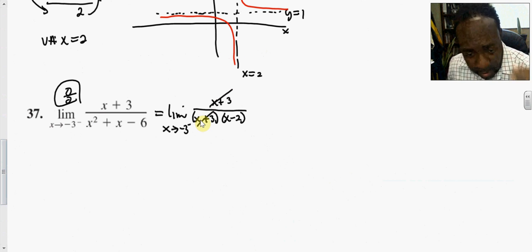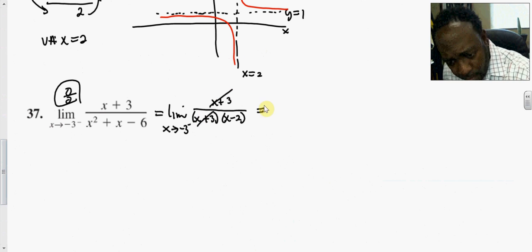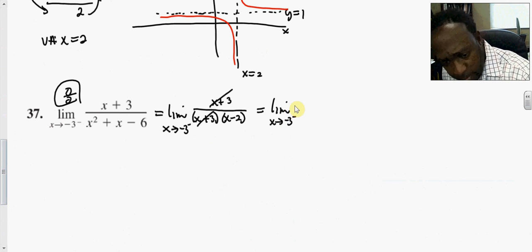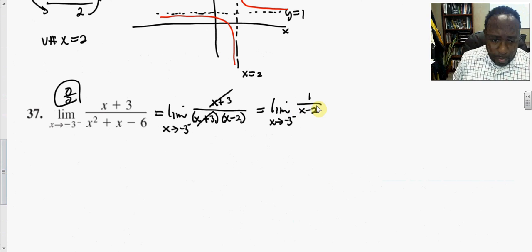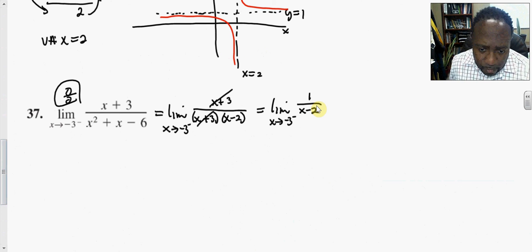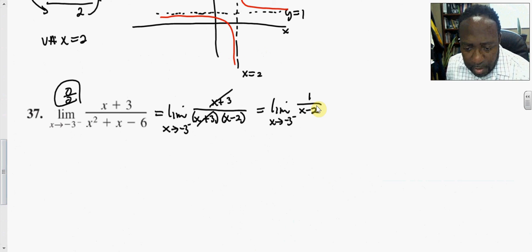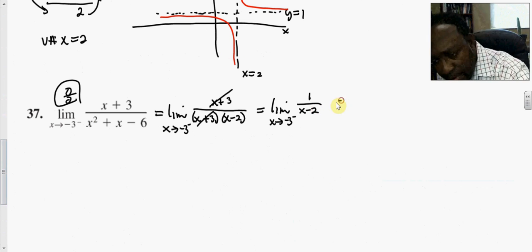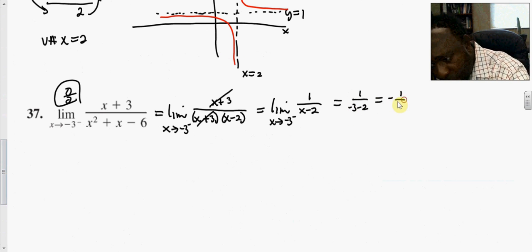That x plus 3 cancels. So we have the limit as x approaches negative 3 from the left of 1 over x minus 2. Well, here we have removed the discontinuity. Just plug in x equal to negative 3. So that'll give you 1 over negative 3 minus 2. We get negative 1 over 5.